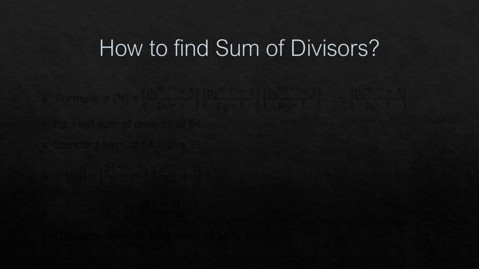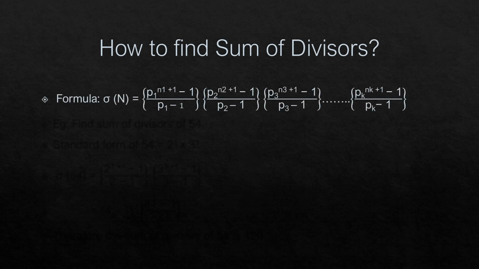So, how to find sum of divisors? To find sum of divisors, we need formula. That is, sigma N equals p1 to the power n1 plus 1 minus 1 upon p1 minus 1, p2 to the power n2 plus 1 minus 1 upon p2 minus 1, p3 to the power n3 plus 1 minus 1 upon p3 minus 1, and so on, pk to the power nk plus 1 minus 1 upon pk minus 1.